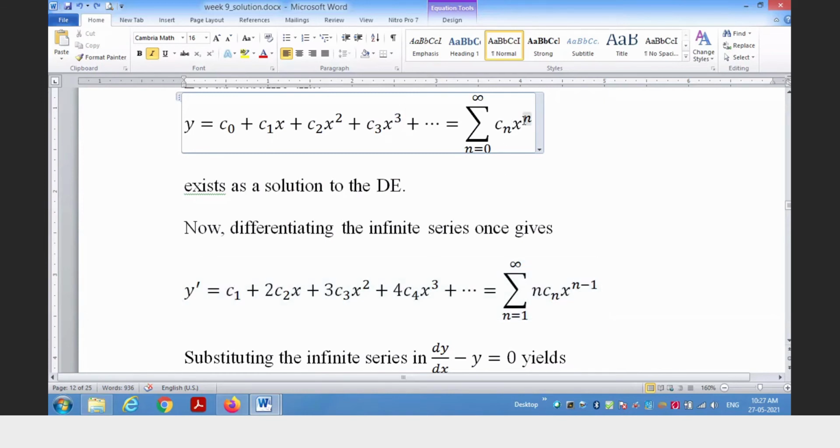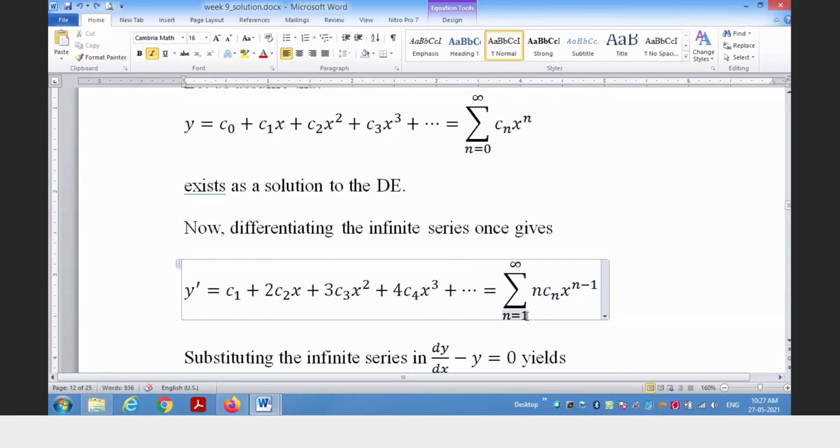So we differentiate x to the n, we get n there, x to the n, and then c_n remains the same because it's a constant, and then the power is reduced by 1.